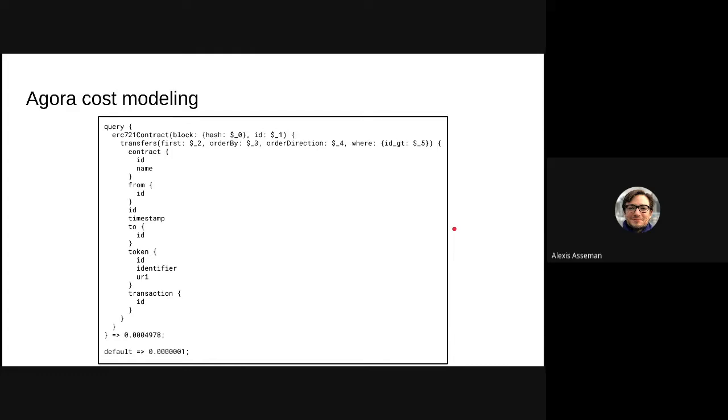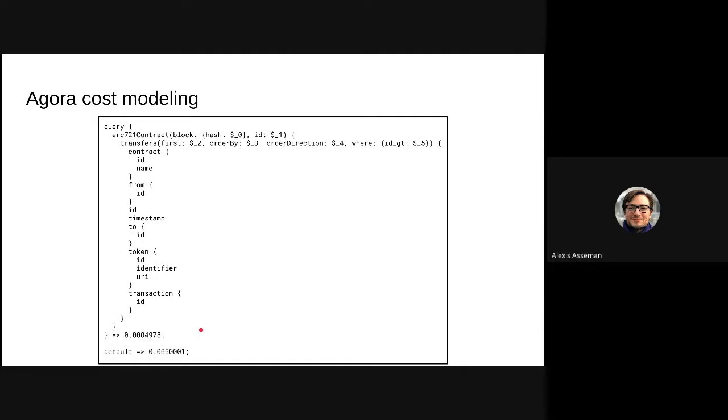As you may know, this is a small Agora model, and pretty much an Agora model is a list of query shapes for which you define a price. This is a pretty hard job because you have to regularly run statistics on the queries you've seen and decide manually which query shapes you want to create a specific price for.